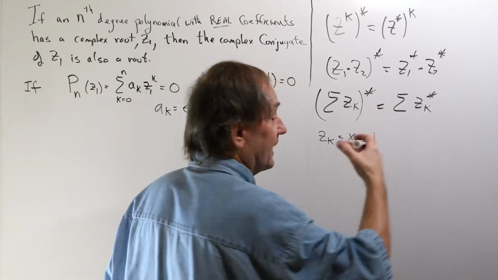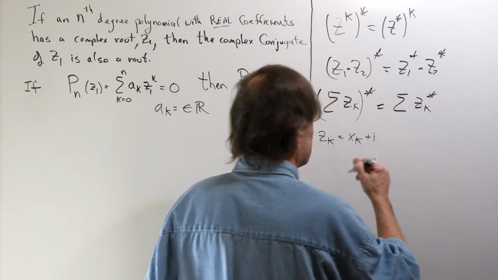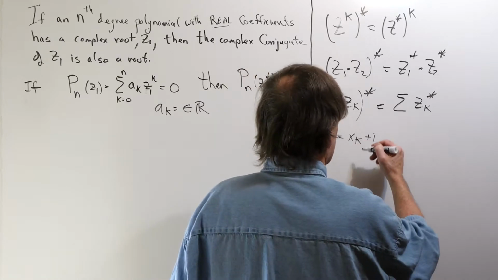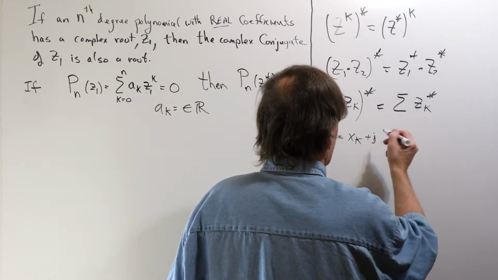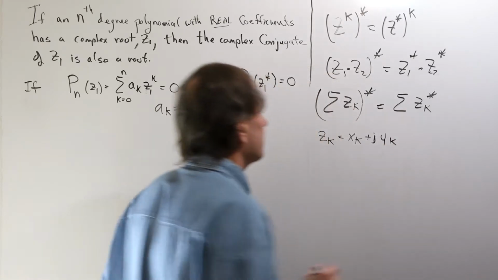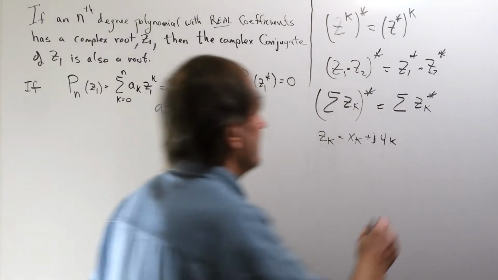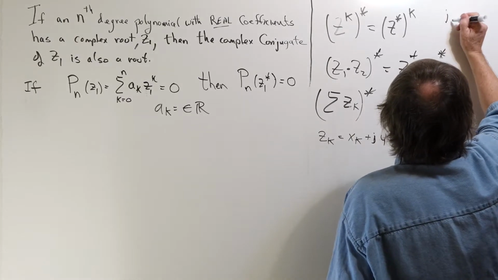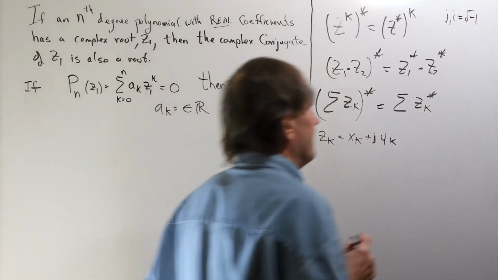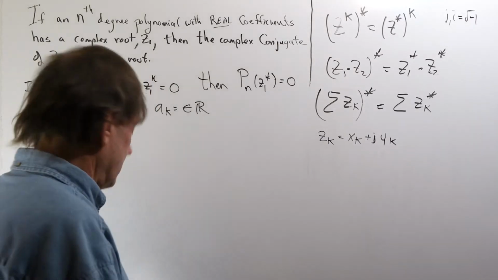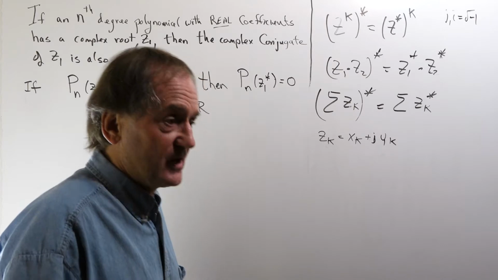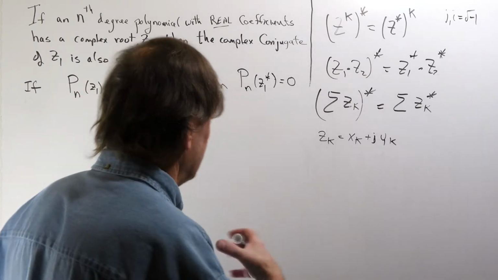I'm mixing up I and j, but remember they mean the same thing. It's the square root of minus 1. So I have x sub k plus, I've been talking about j, so I'll call it j y sub k. J, remember, j or i is the square root of minus 1. That's a unit imaginary. I interchange them a lot, because in electrical engineering I talk about it as being j, and mathematicians use i.